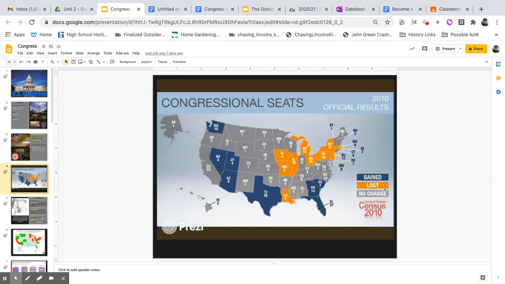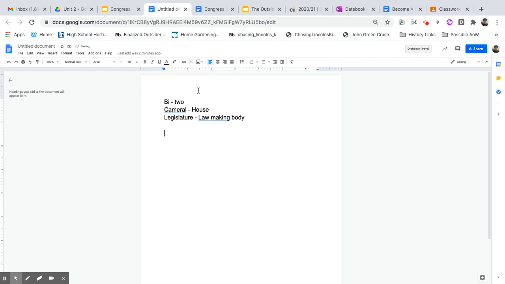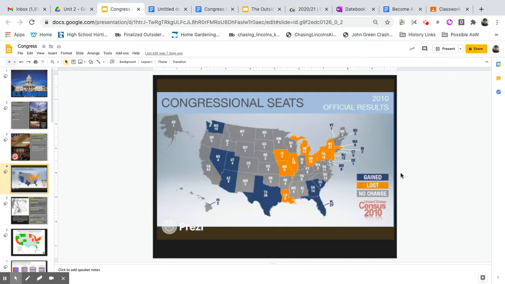And you can see here in 2010, this stuff changes. There are 435 members of the House. As of right now, that number is fixed.